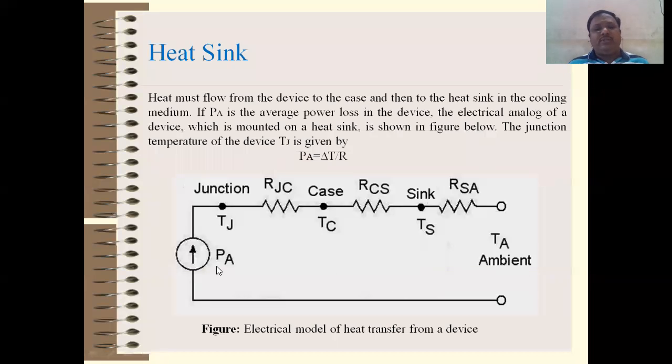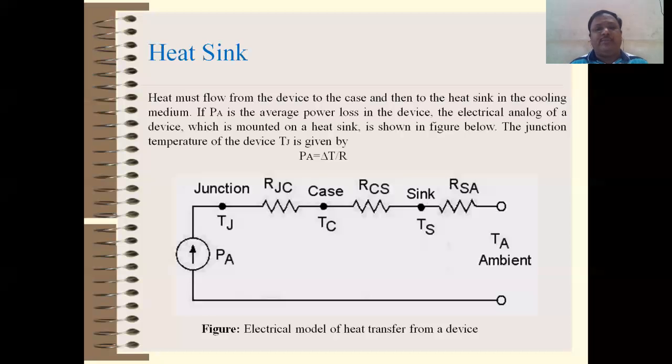Exactly what happens is that your device generates temperature at the junction, due to the movement of electrons and holes at the junction. According to that movement, the temperature will increase, right?